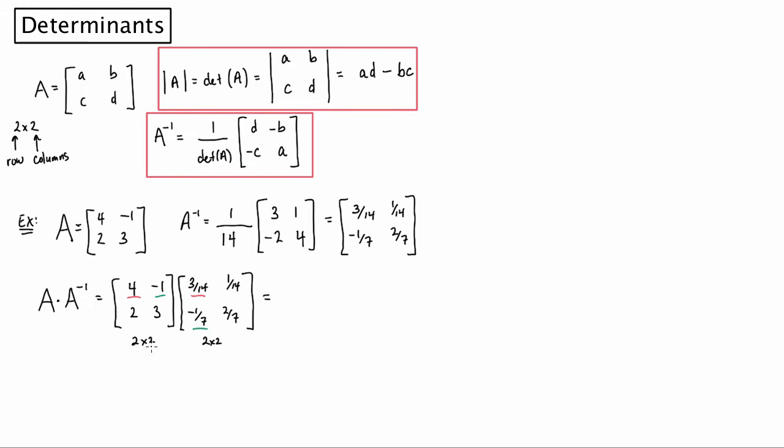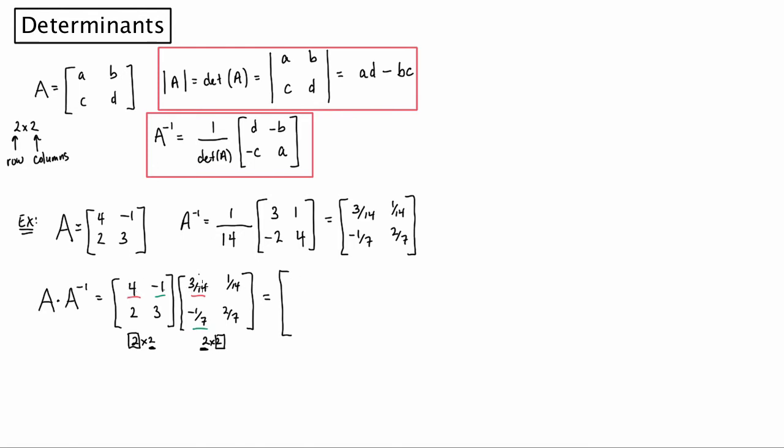Remember, you can multiply matrices if the inside numbers here match, and then their product will be the outside numbers. So because the 2's match, I can multiply them, and then the outside numbers tell me that my product will be a 2x2. So the way that this works is first row here, first column here corresponds to first row, first column position here.